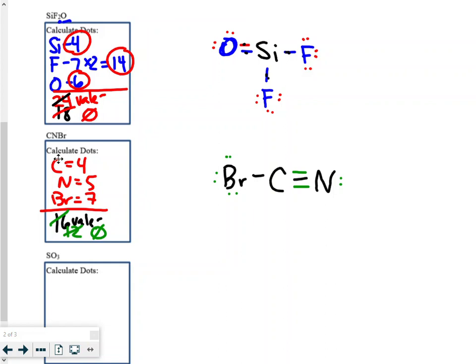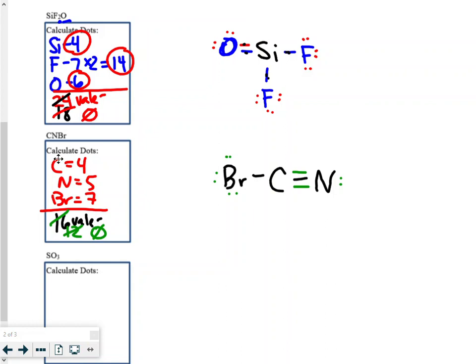And therefore, now the nitrogen has 2, 4, 6, 8. They're sharing 6 in the middle. Carbon has 2, 4, 6, 8, sharing the 6 in the middle between carbon and nitrogen. And the bromine has a single bond and then 6 more in its lone pair, so it also has 8. Everybody is now satisfied. Good so far?